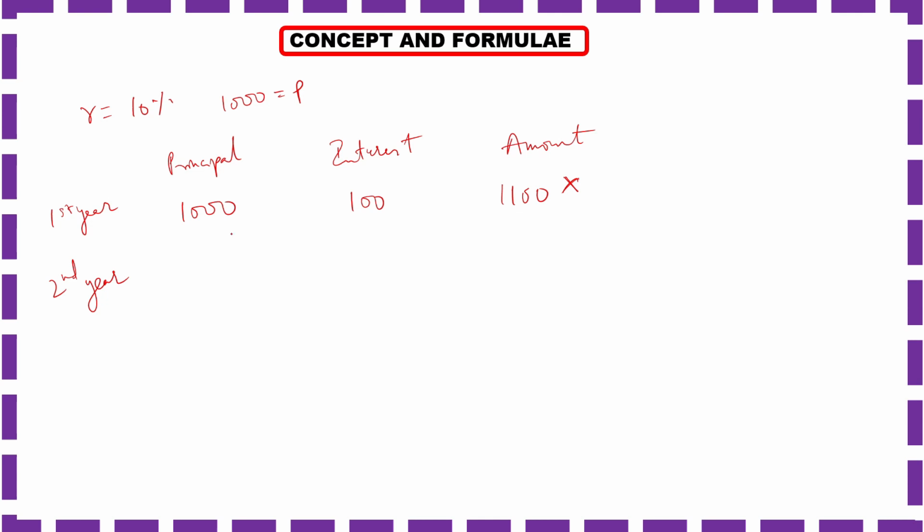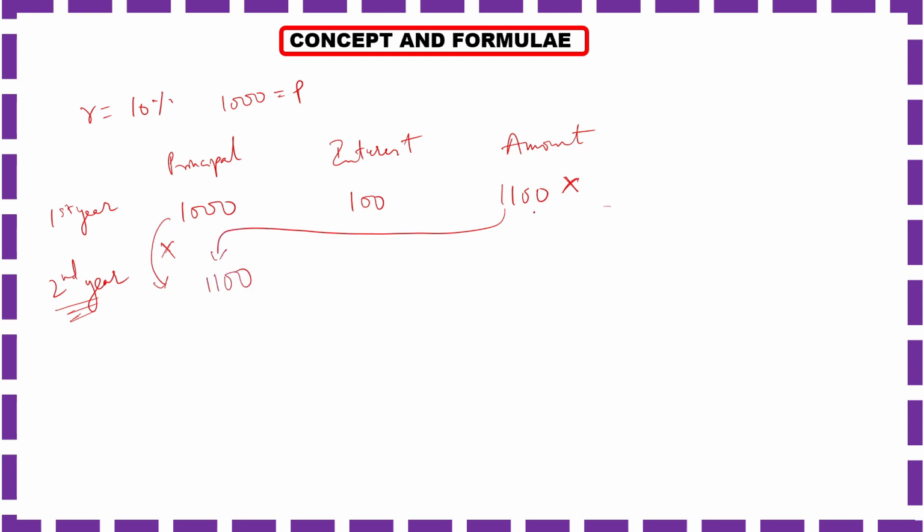Now what will happen? What is the principal? See, in simple interest, the same principal is carried all the years. No matter in which year you want to repay the loan, the same interest was carried every year. But in compound interest, the principal for the second year is not this one. It is 1100.